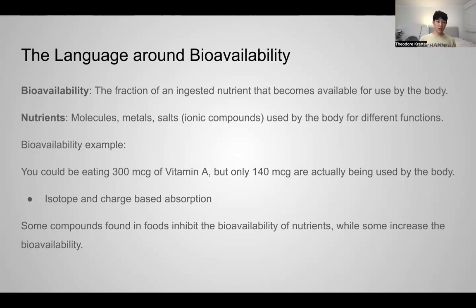I'm pretty sure 300 micrograms of vitamin A is the daily value set by the US government. You could be eating 300 micrograms of vitamin A, but that doesn't mean you're actually using or absorbing 300 micrograms. You could only be absorbing half of that, like 140, 150 micrograms. And really that's the nature of bioavailability.